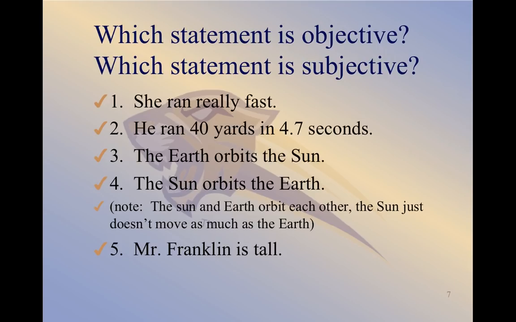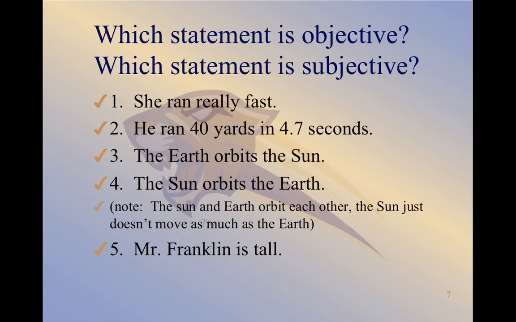Number three, the Earth orbits the Sun. Objective or subjective? Okay, we would say that's objective, because whether you believe that to be true or not, we could say that's true. We could say that's an objective statement.